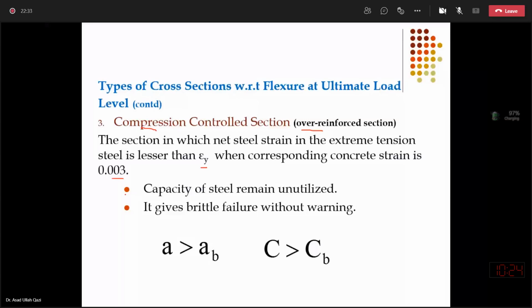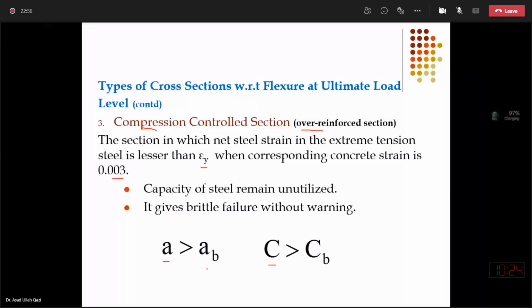And in terms of neutral axis depth, we have now the understanding that c will be greater than balanced neutral axis depth in such cross sections, and uniform stress block depth will be greater than the balanced cross section uniform stress block depth.